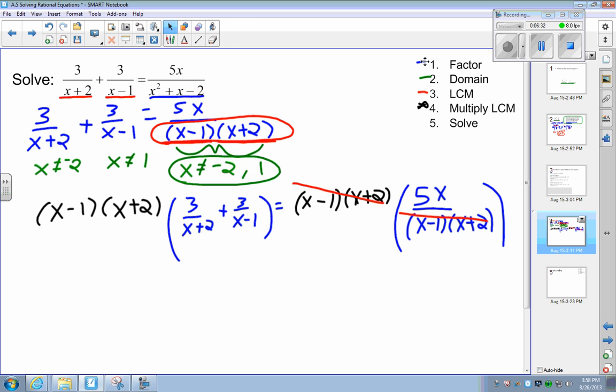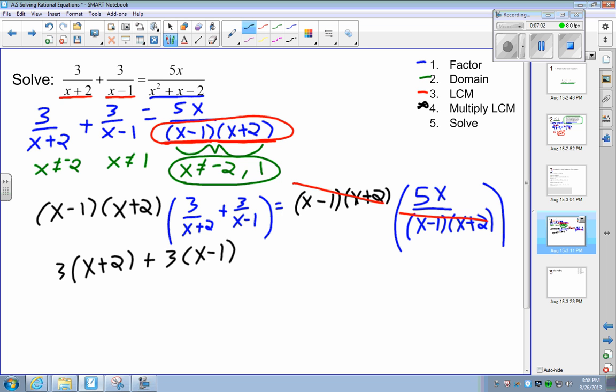And so when we multiply out, or when we multiply this x minus 1, x plus 2 into our blue stuff, we're going to get 3 times x plus 2 plus 3 times x minus 1 is equal to 5x.